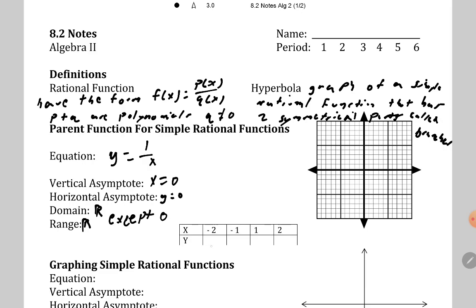If I plug -2 into this equation, I get -1/2. Put -1, I get -1. Put in 1, you get 1, and then you get positive 1/2, and it looks like this. So we have an asymptote on the vertical side as well.